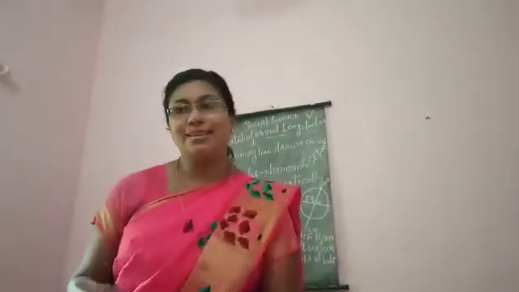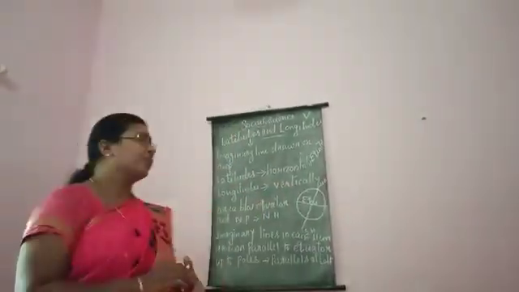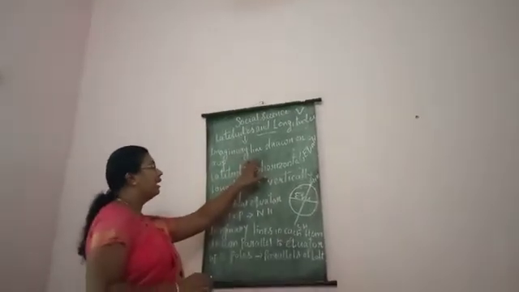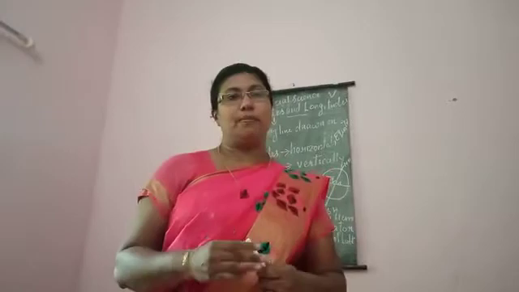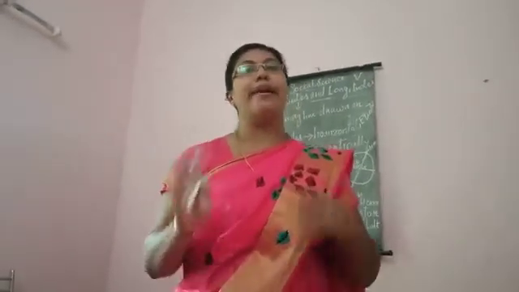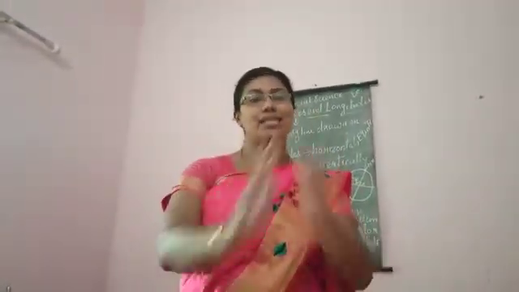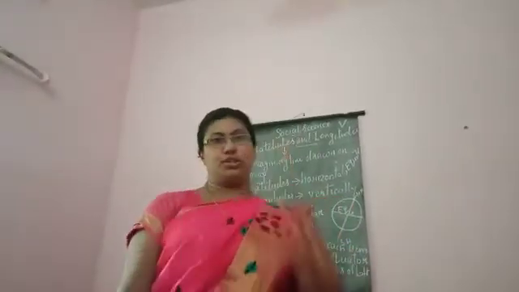So my dear children, listen carefully. The imaginary lines drawn on a map or a globe horizontally and vertically are known as latitudes and longitudes.